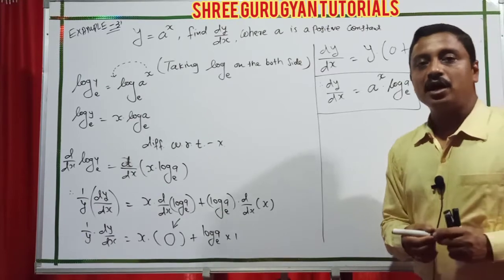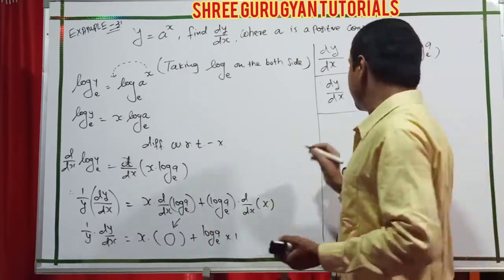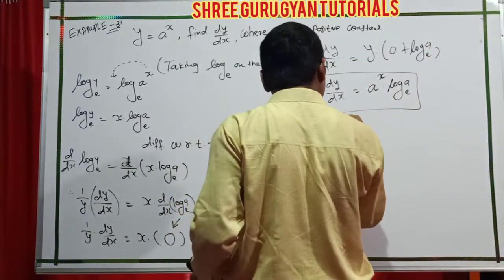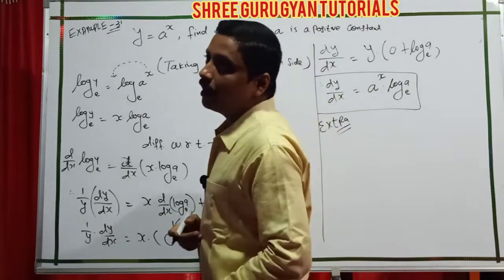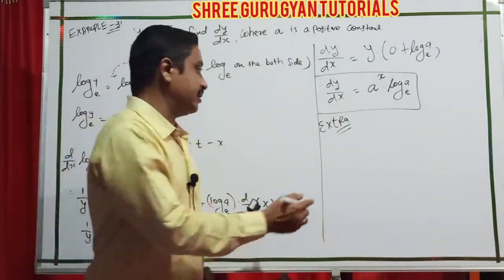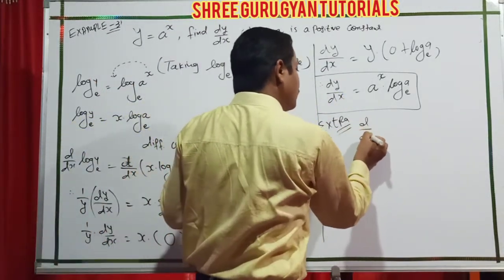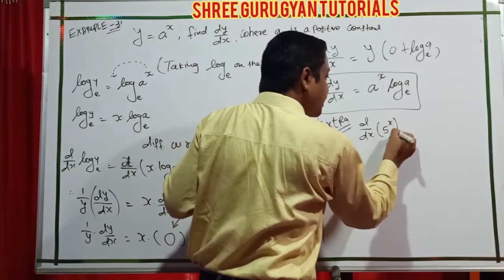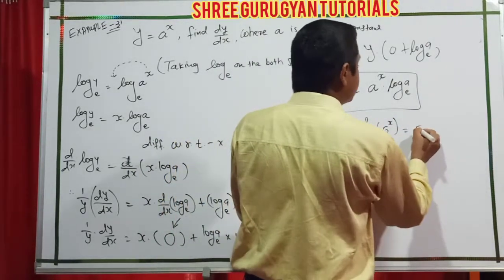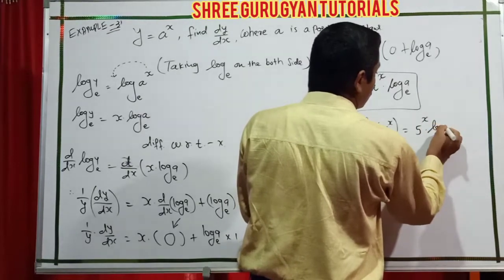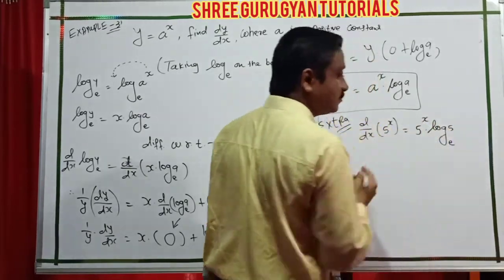Yes, students. Now you can also try extra questions of the same type and derive the direct answers, just like d dx of 5 raised to x. Can you guess the answer? Yes, 5 raised to x log 5 to the base e.